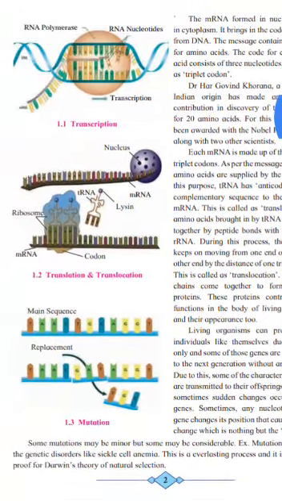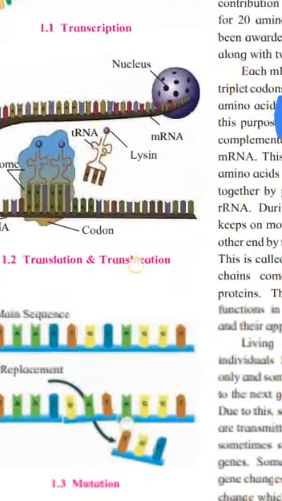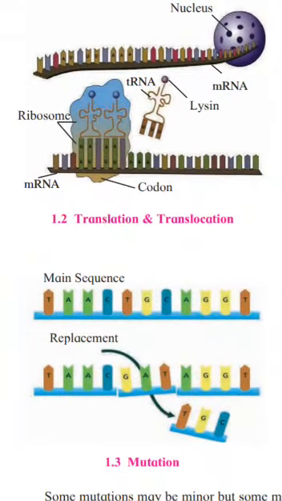Here we can see the main sequence of RNA or of the genes so called, but during the transmission, in place of the original gene, some other genes get attached, so another sequence can be seen here, and this brings about changes in the next generation, which is called a mutation.